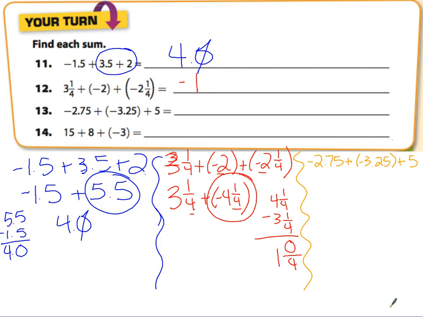So I'm going to add my negatives first, and I get, so 5 and 5 is 10, carry the 1, 2 and 7 is 9, plus 1 is 10, carry the 1. 3 and 2 is 5, plus 1 is 6, so I get a negative 6, because I have the same signs, so I add and keep, plus 5. Well, here, since my signs are different, I do 6 minus 5, and I get 1. 6 has the larger absolute value, so my answer is a negative 1.